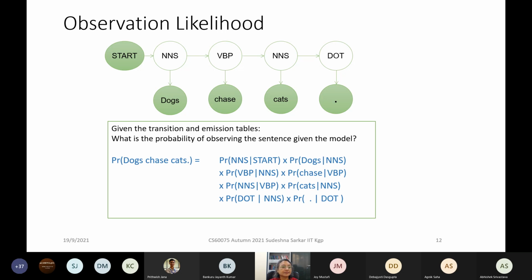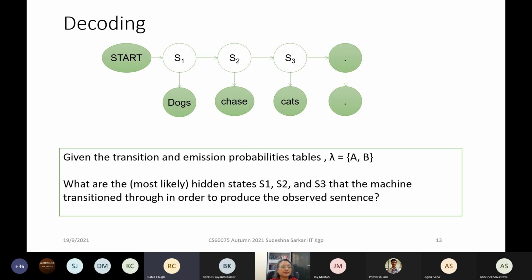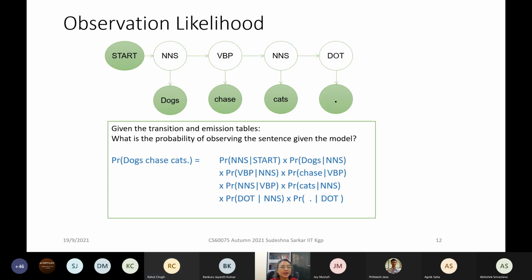Ma'am, for finding the probability of a sentence W1 to Wn, we have to sum over all the possible T1 to Tn, right? Not sum. We are finding the probability, so I'm taking the product. It is "and", not sum.